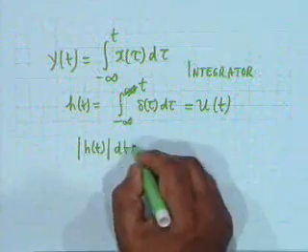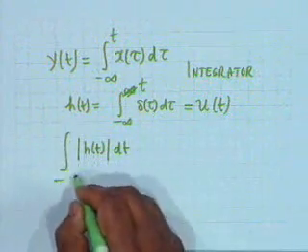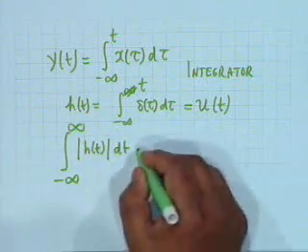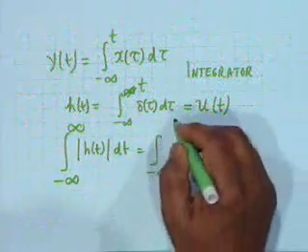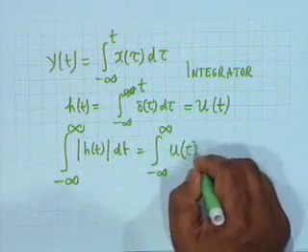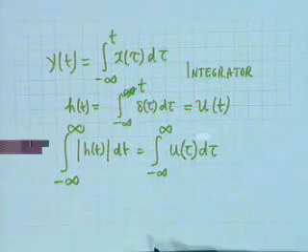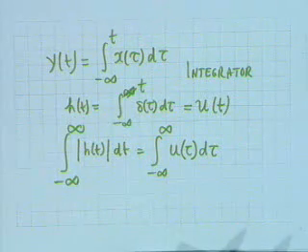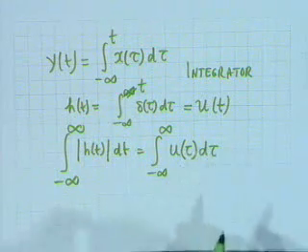the integral of mod h of t dt from minus infinity to plus infinity is simply the integral from minus infinity to plus infinity of u of tau d tau. Have we made a mistake? Is this finite?